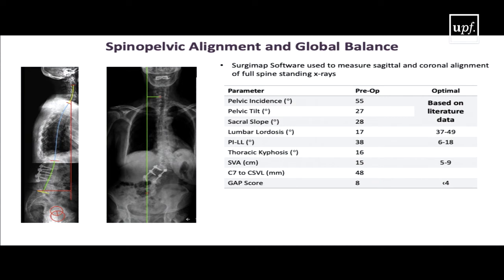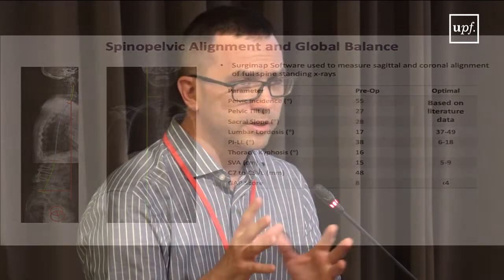So you have a lot of clinical data supporting this concept. And from the data, we have some formula from the clinical studies. And using these formulas, we can calculate the ideal or the optimal alignment values for the given patient. For example, in this case, the optimal lordosis of this 71-year-old patient would be around 40-45 degrees.